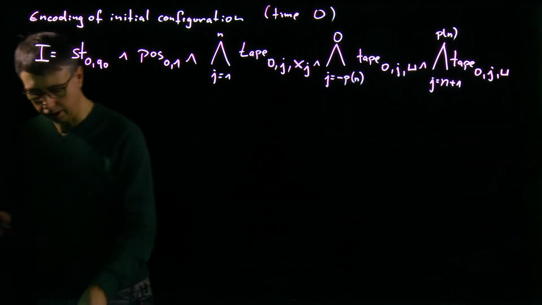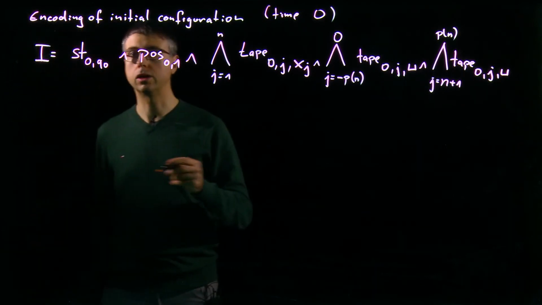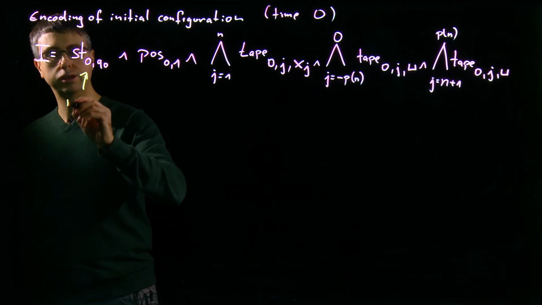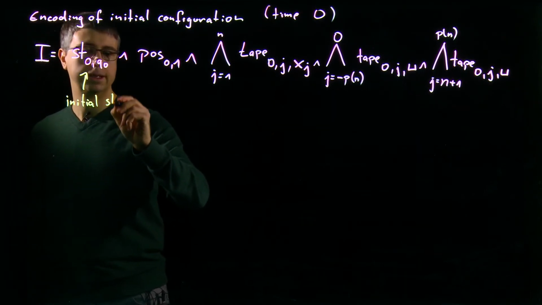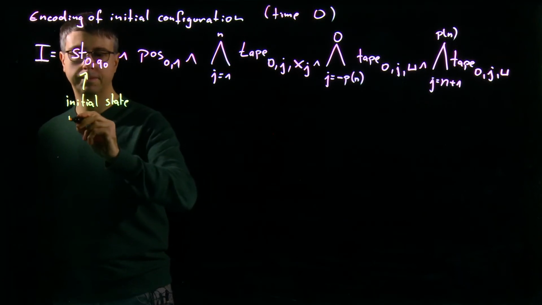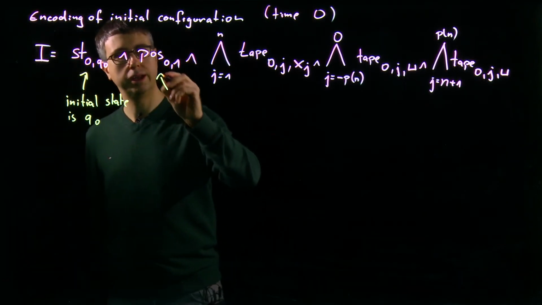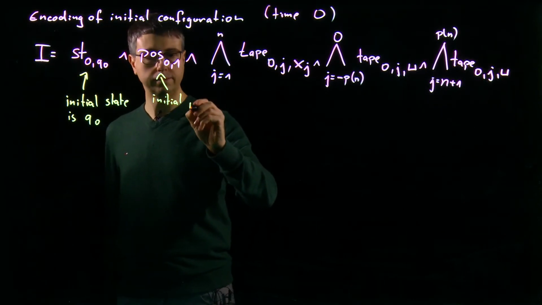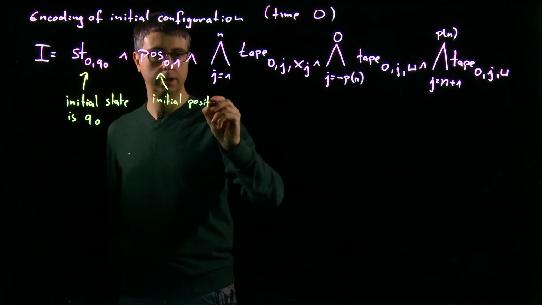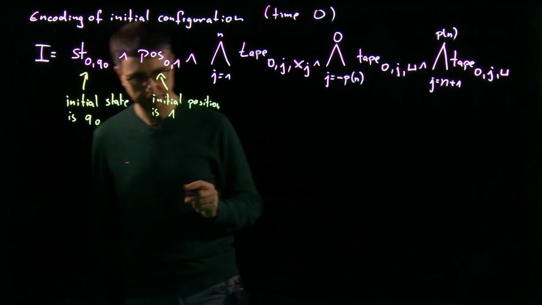And this is actually the encoding of the initial configuration. This means the initial state is Q0. This one here is the initial position, which is 1 for the head.